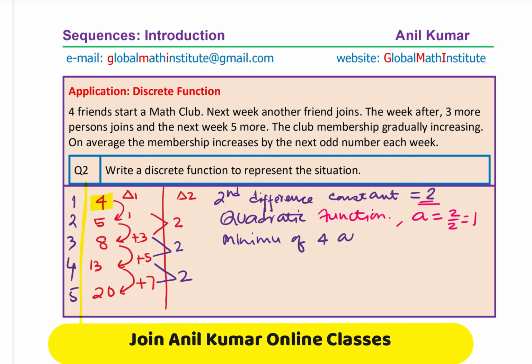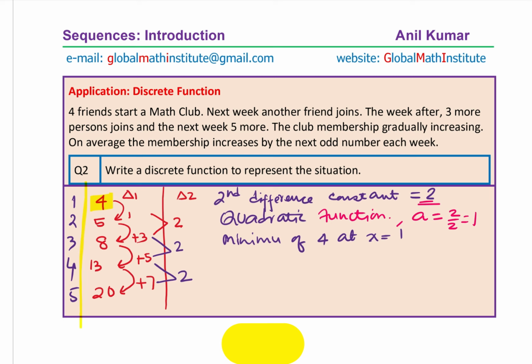So, can you write down the equation? In the function notation, f of x equals to what? Yes, you got it. f of x should be (x minus 1) whole squared plus 4.